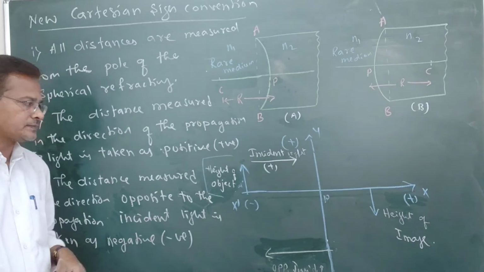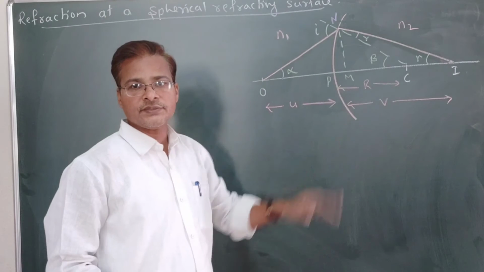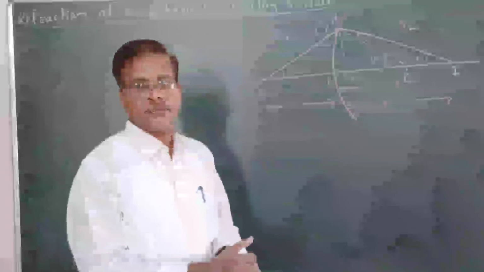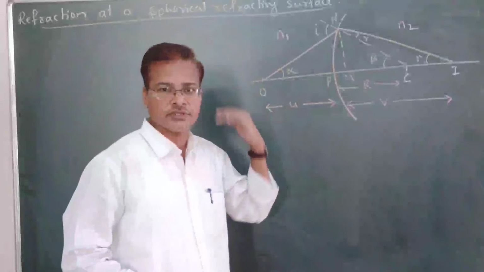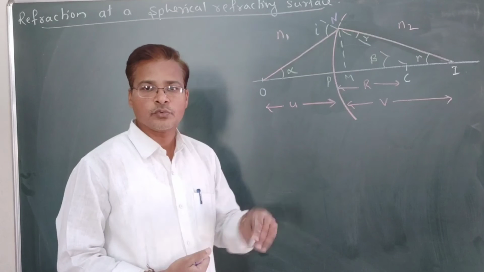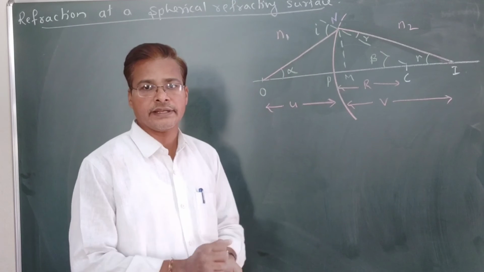Now the convex spherical refracting surface means the bulge portion is towards the rarer medium, or towards the observer. So that is convex towards the rarer medium.